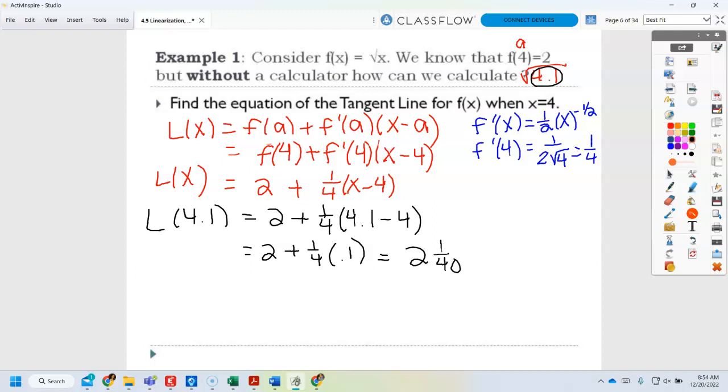So again, square root x, you would say, is concave down. It's increasing. So is that answer of 2 and 1/40th going to be an over or under estimate of the actual? Perfect. So we predict that this is an overestimate.